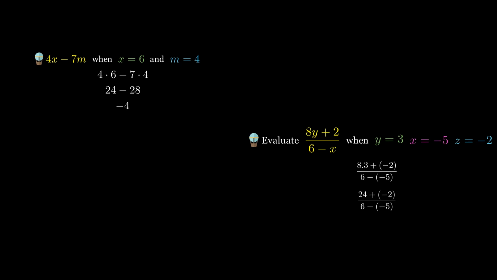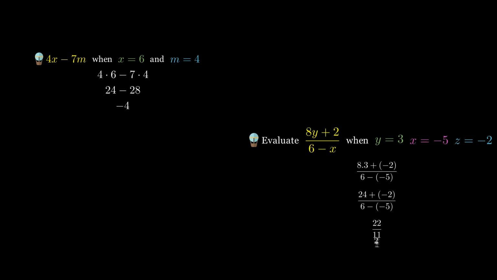Let's simplify this expression further. We get 24 because 8 times 3 is 24, plus negative 2, divided by 6 minus negative 5. Now 24 plus negative 2 is 22 and 6 minus negative 5 is 11. So this expression becomes 22 divided by 11, which is equal to 2.